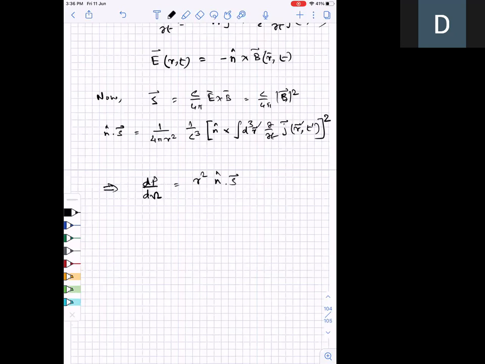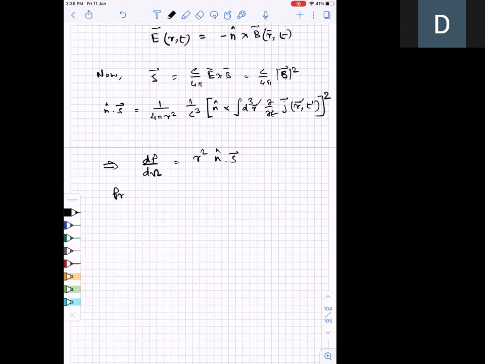Now, as we said, when we did this previously, we did not take into account the 1 by c n cap dot r prime term. Previously we neglected the n cap dot r prime term.